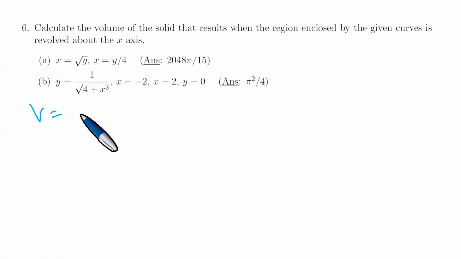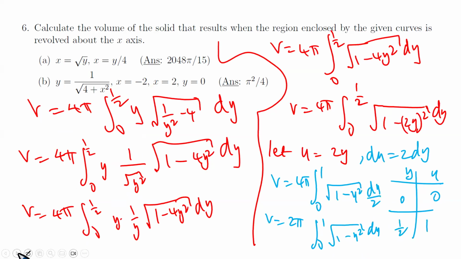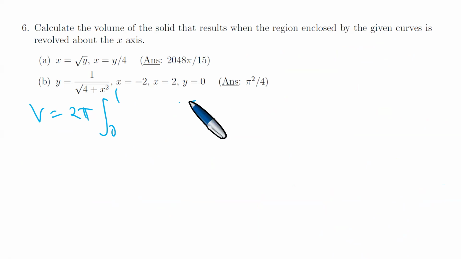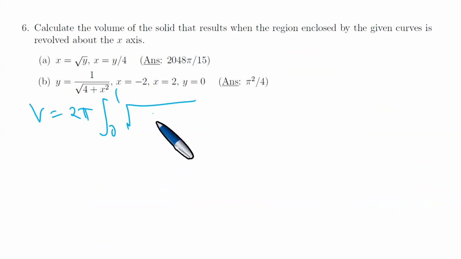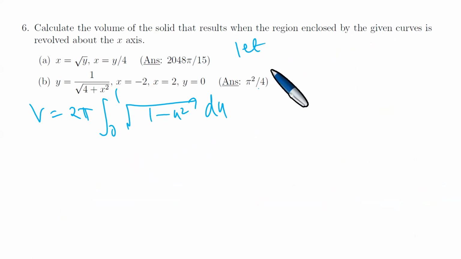I'm just using the method of the cylindrical shells. Now if you get to this point, you still need to find this integral, and you can't. So what you can do is to let u be the sine of theta.